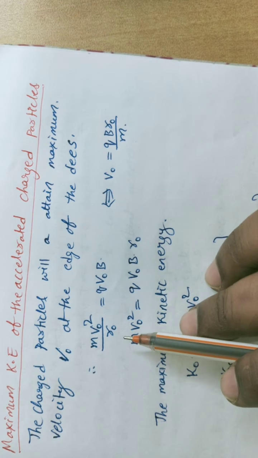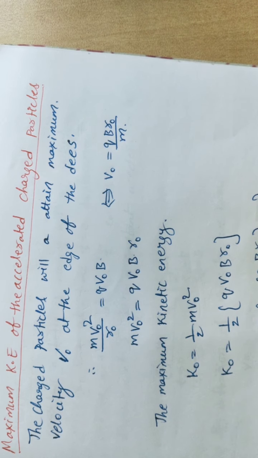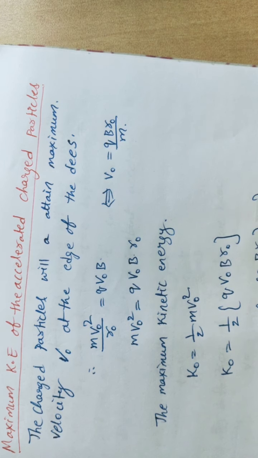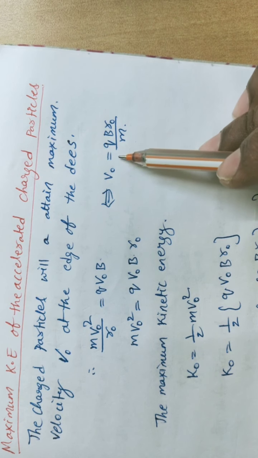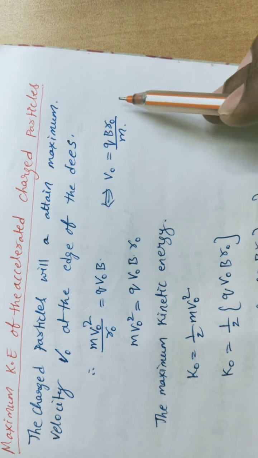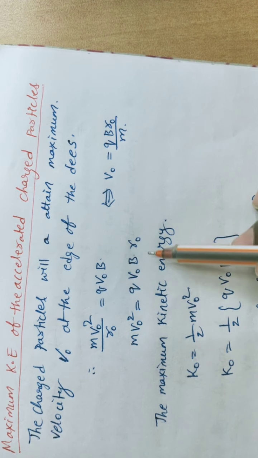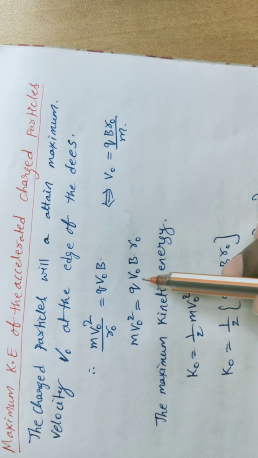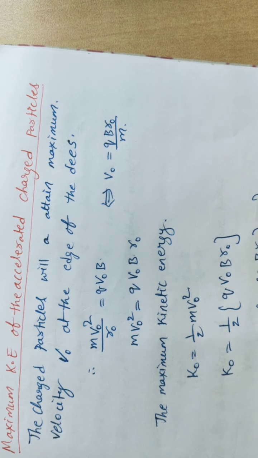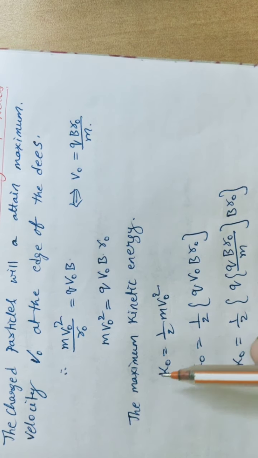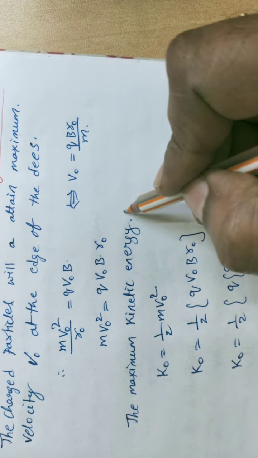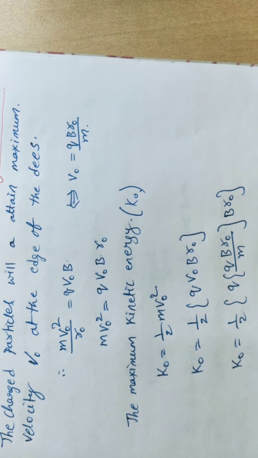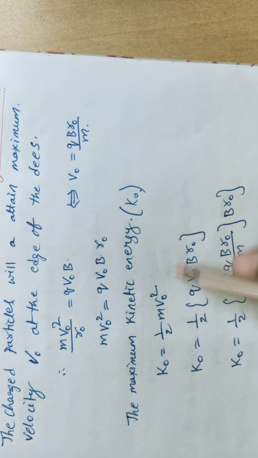Here also, by taking the centripetal force concept, m v naught square by r naught is equal to q v naught B. We know v naught is equal to qB r naught by m. On cross multiplication and simplification we get m v naught square is equal to q v naught B r naught. The maximum kinetic energy is represented as K naught, which is half m v naught square.